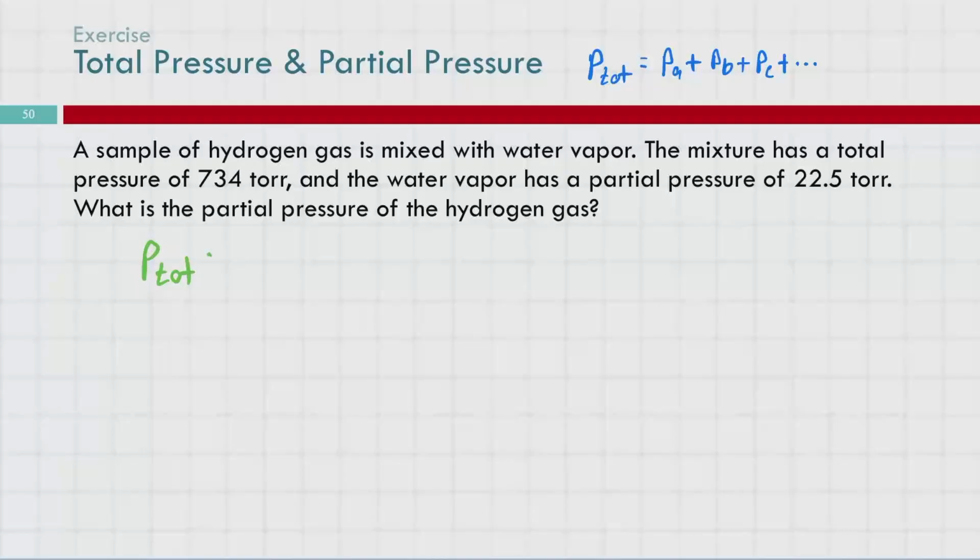So our specific form of Dalton's law of partial pressures, we're going to have our pressure total is equal to the pressure of the hydrogen gas, H2, plus the pressure of the water vapor, H2O. What's our total pressure? It is 734. So total pressure 734 torr. And our water vapor has a partial pressure of 22.5 torr.